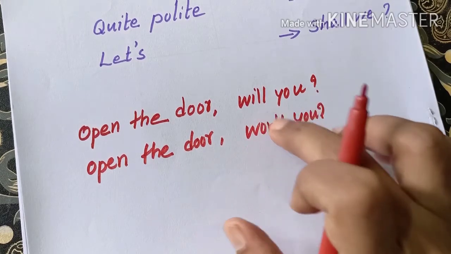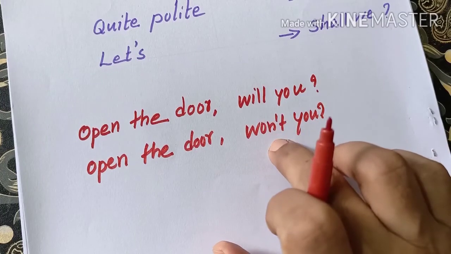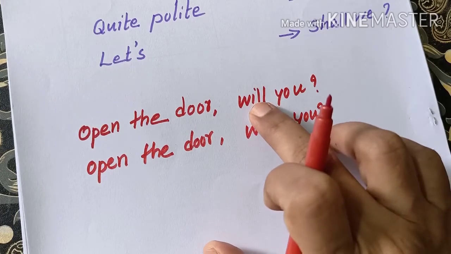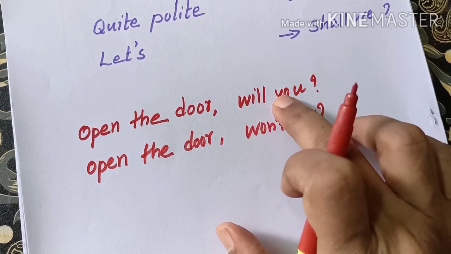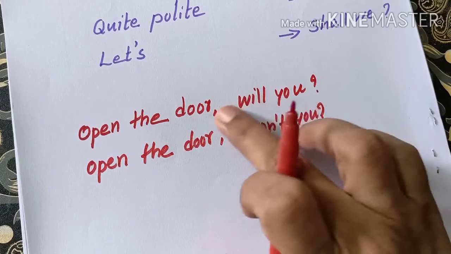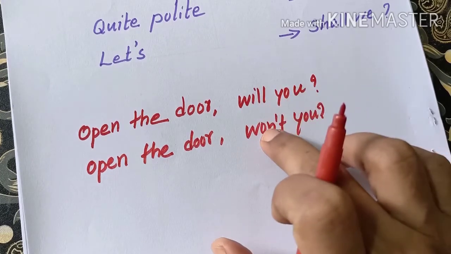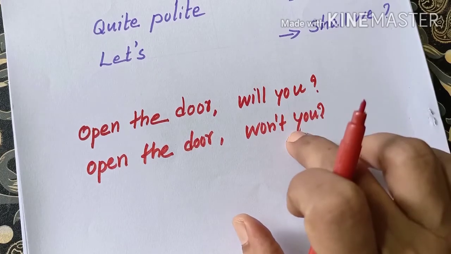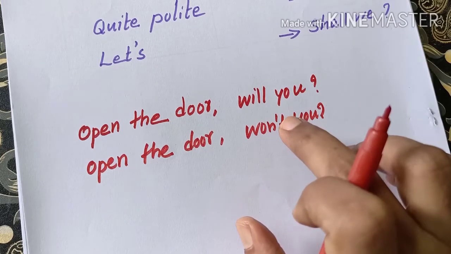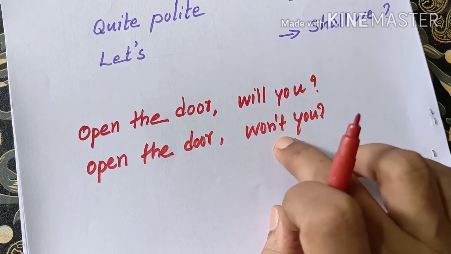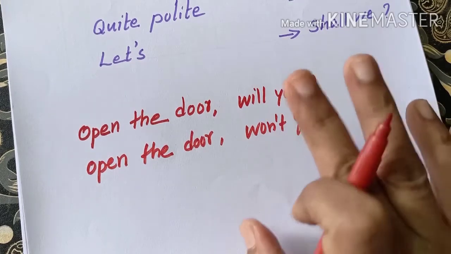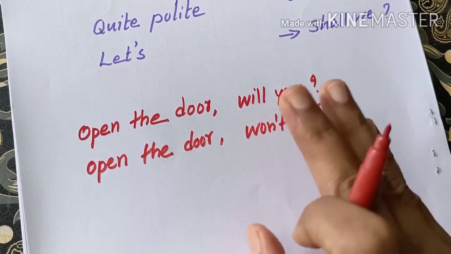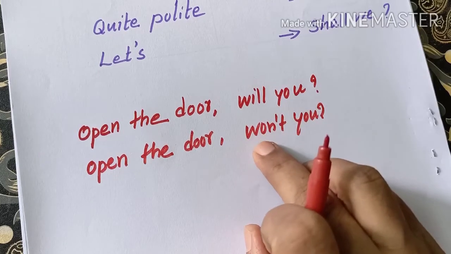Then what is the meaning of will you, and when will we use won't you? Will you is actually the normal sense. Normally we say will you. But when we say won't you, there is perhaps a slight suggestion that you might be expecting the answer to be no. In such a case, we will use won't you.